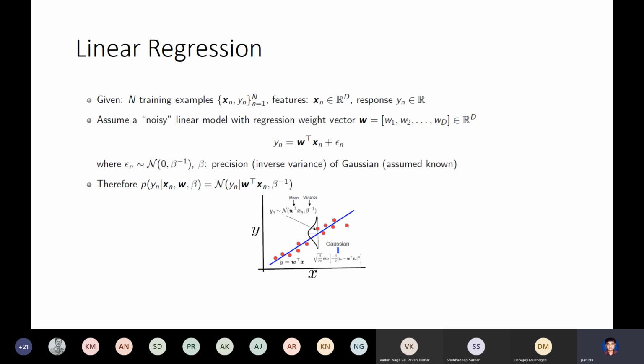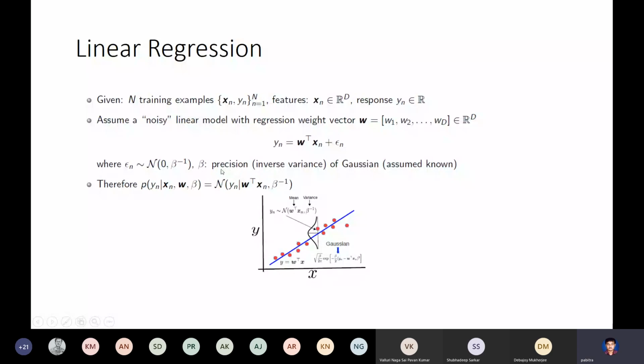It is not only a random variable, its distribution we again assume to be normal, with zero mean and some variance sigma. Instead of writing sigma, we write it as beta inverse. So beta is 1 by sigma, the inverse of variance. We call it the precision.